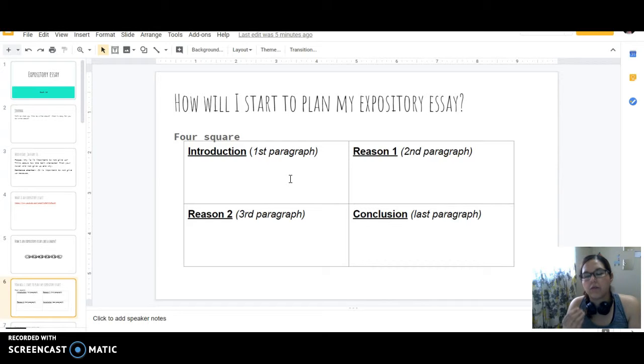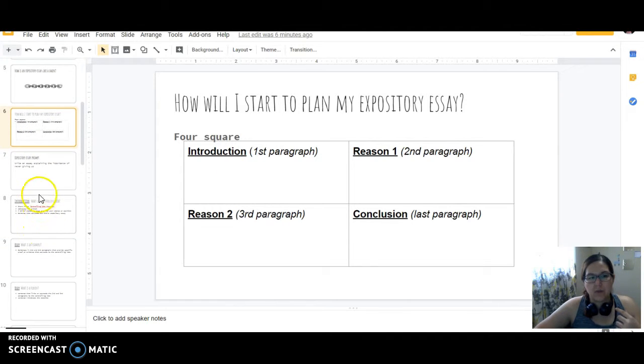And then the last paragraph is your conclusion. So if we have 4 squares, how many paragraphs are we going to be having? How many? 4. Okay? The first one, introduction. The body is composed of 2 paragraphs together. And then the other one's going to be your conclusion. So now, what goes into each one?